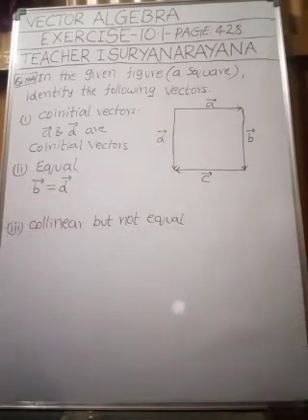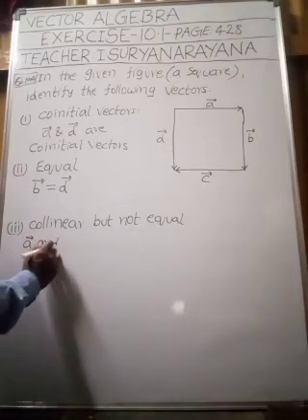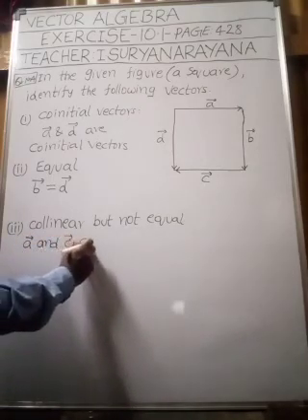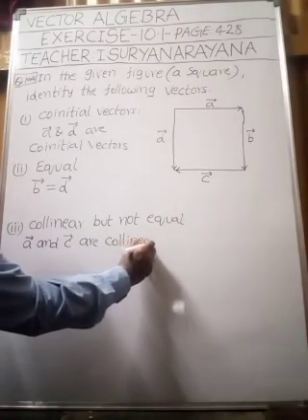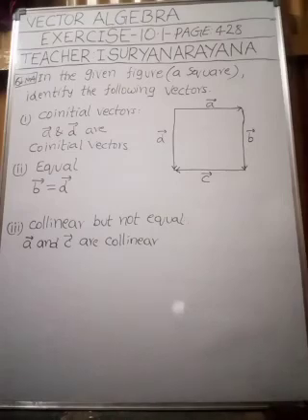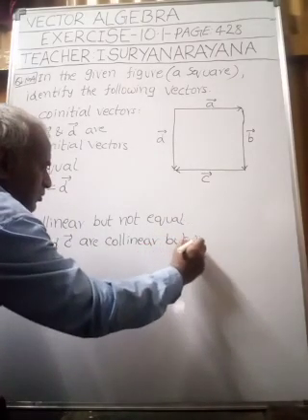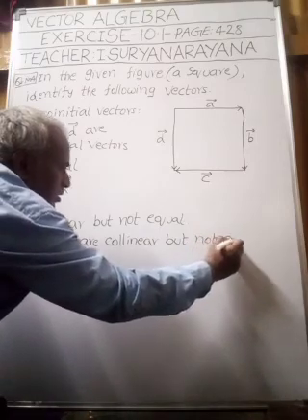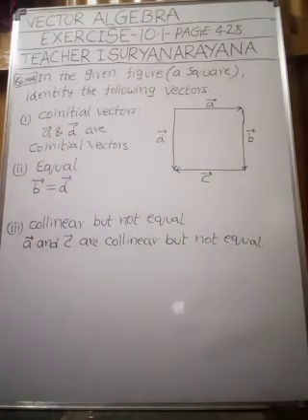Yes or no, my children? So a bar and c bar are collinear. They are parallel vectors, collinear, but not equal, because their directions are opposite. Yes or no, my children?